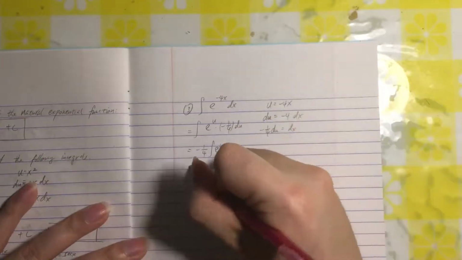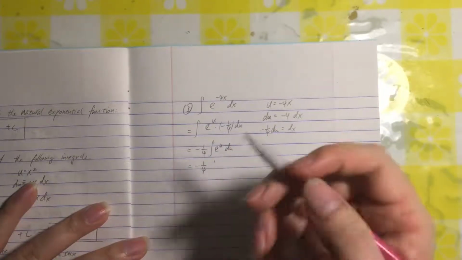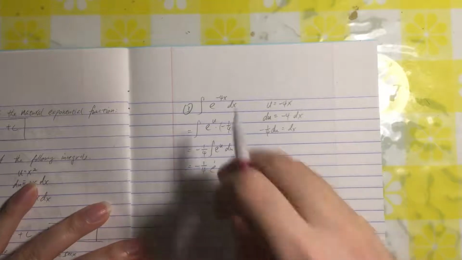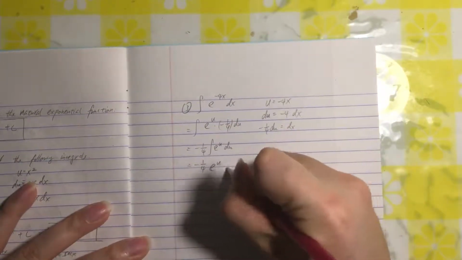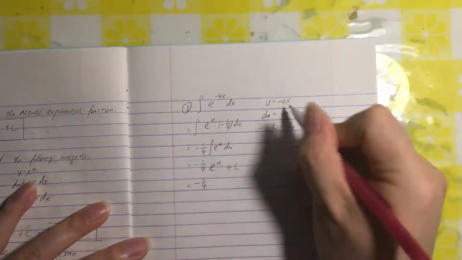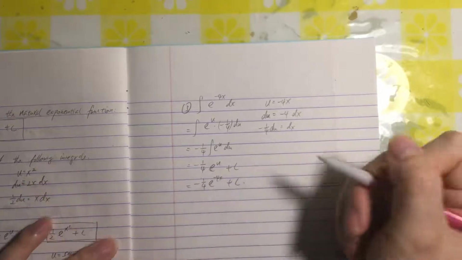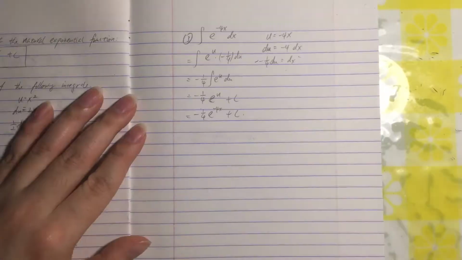Then take antiderivative. Antiderivative of e to the power of u stays the same. Then add constant c. For the final answer, replace u with negative 4x. That's the final answer to this integral. Next example.